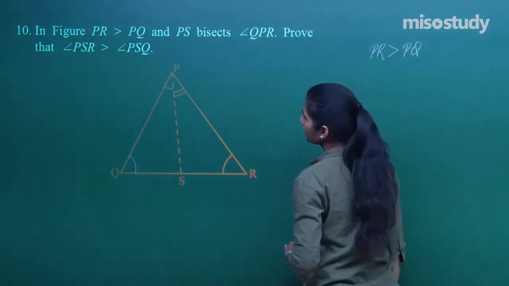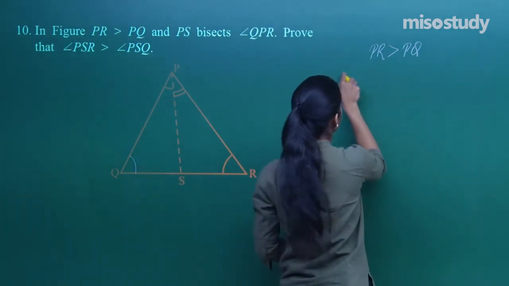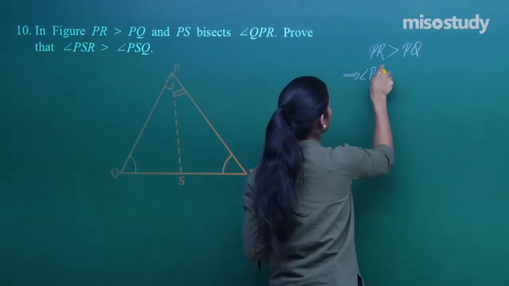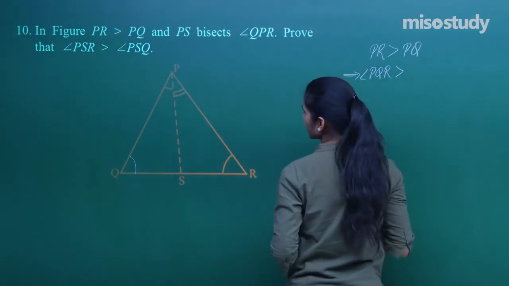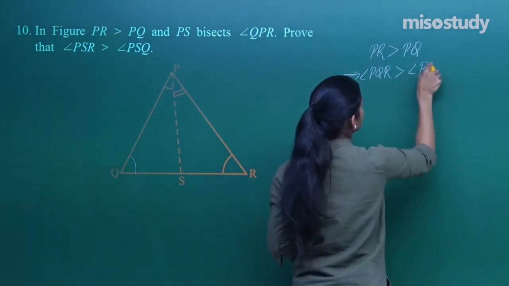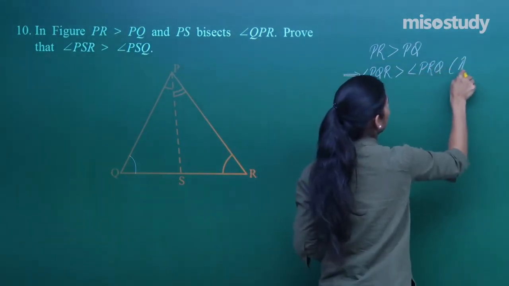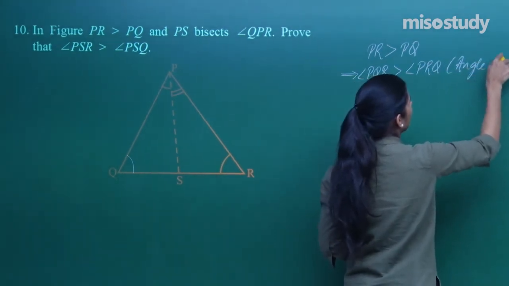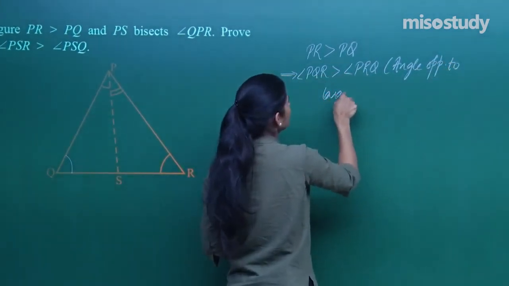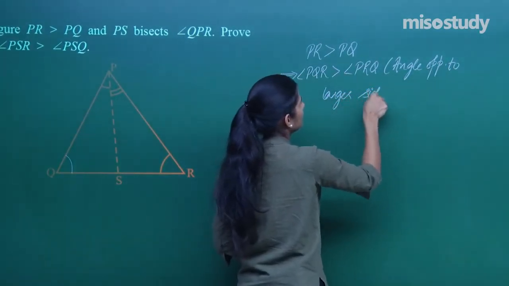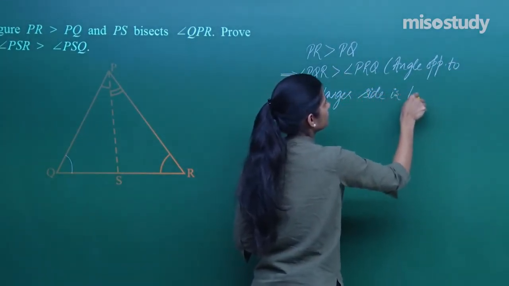So angle opposite to PR is angle PQR. This will be greater than angle opposite to side PQ, which is angle PRQ, because angle opposite to larger side is larger.